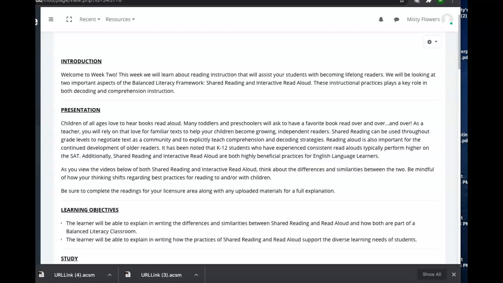Enjoyment and engagement are necessary. At the same time, you're teaching for comprehension before students can read a text at a higher level of complexity when using an interactive read aloud.